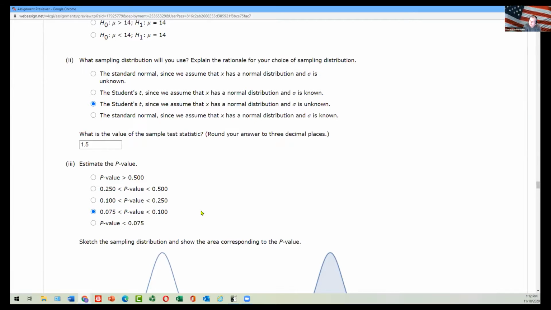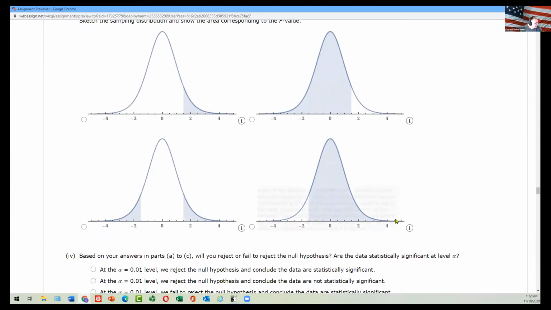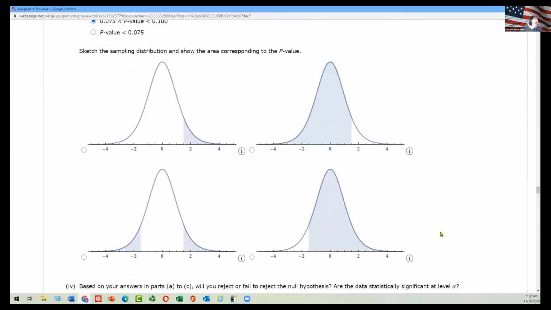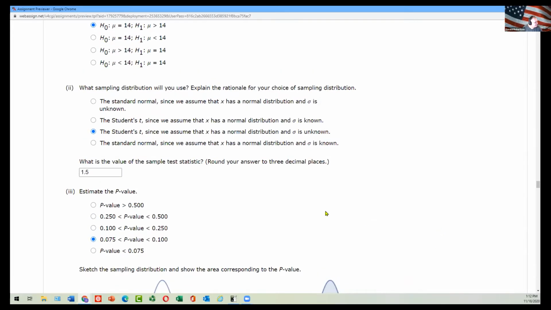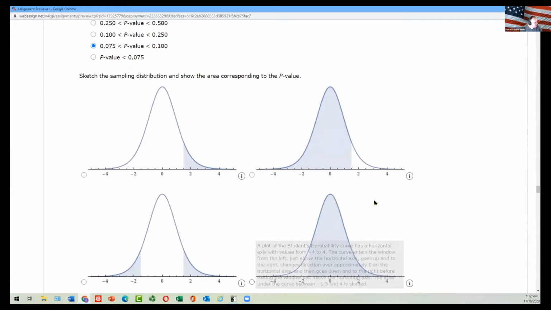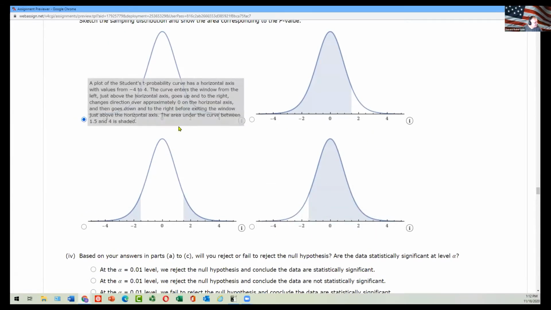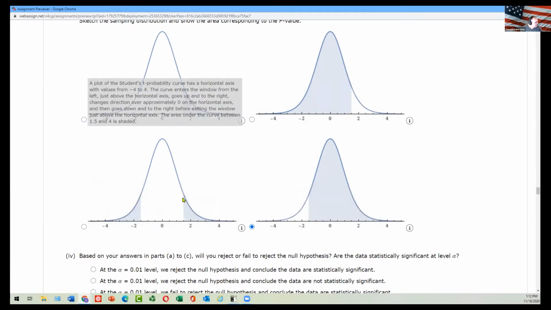It's in that range. And we are looking for a less than, so we look for a little picture that's got a less than in it. Where is my p-value? Oh, it's more than, sorry. We're looking for a more than 14, so I look for a picture that's big on the right, which makes it that picture. If I was looking for something on the left, it would be just a little guy over here.